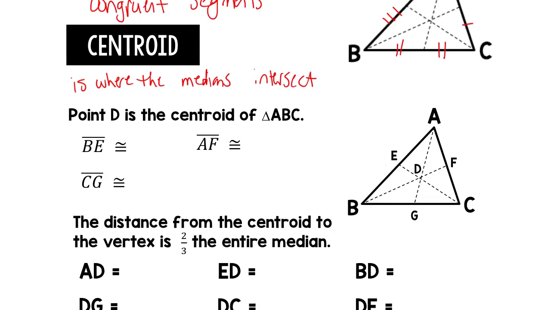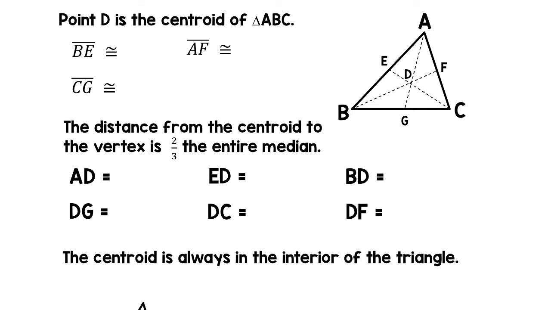All right, let's look at what we know here. Point D is the centroid of ABC. That means line segment BE is congruent to AE because line CE is a median.